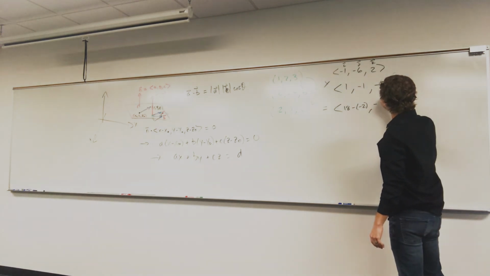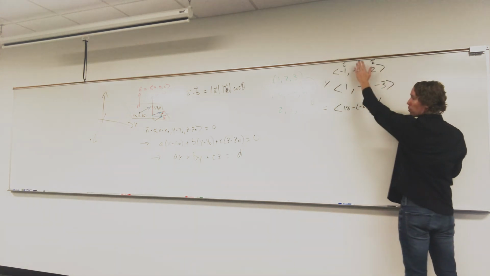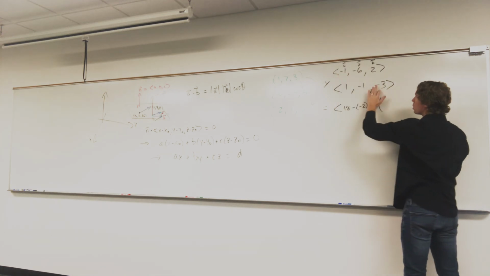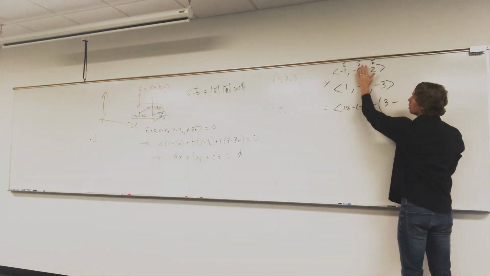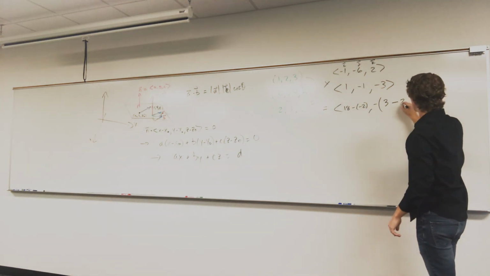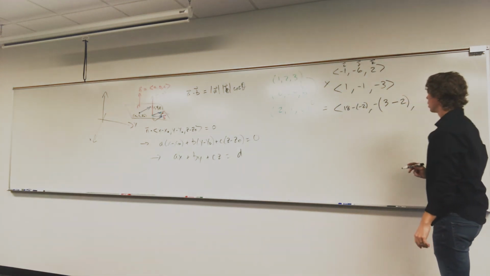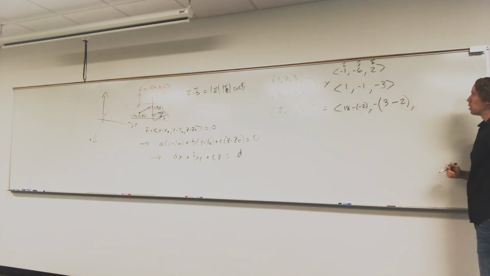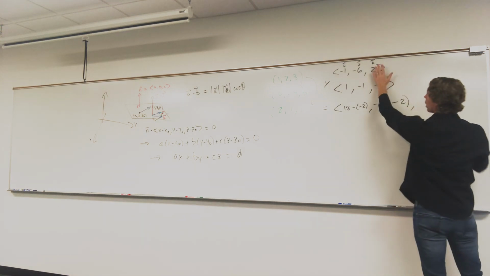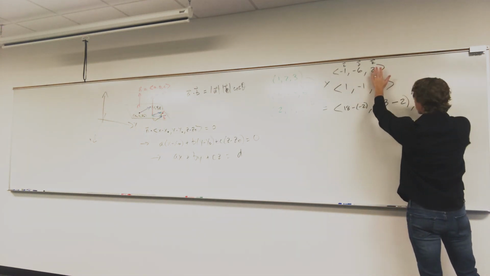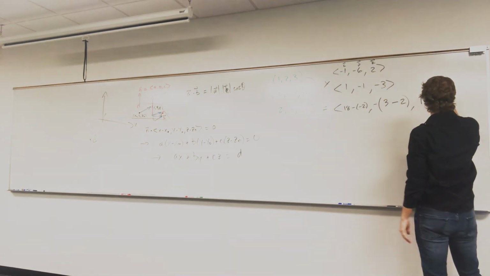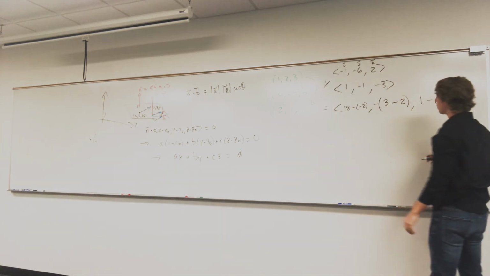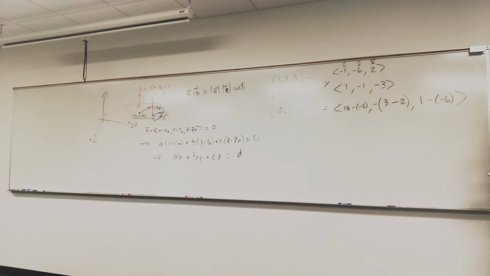Put a negative sign out in front. Cover up the second column, I've got -1 times -3 minus 1 times 2. And then same thing for the last one, cover up the third column, -1 times -1 minus 1 times -6. So that's our vector orthogonal to the plane.